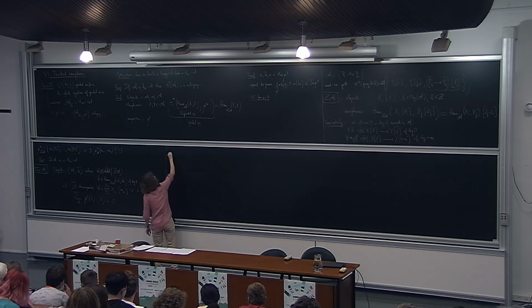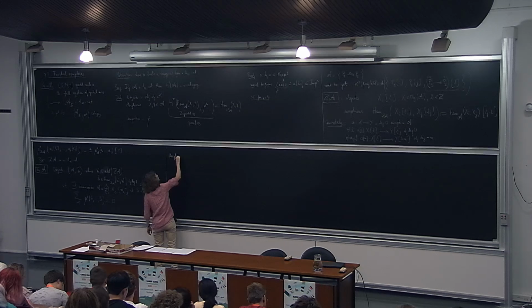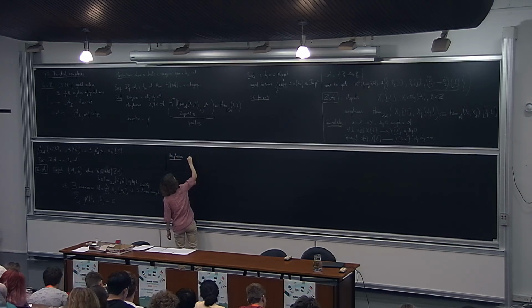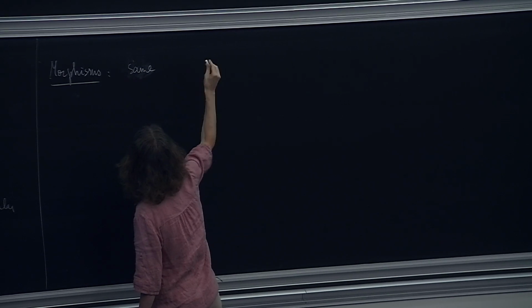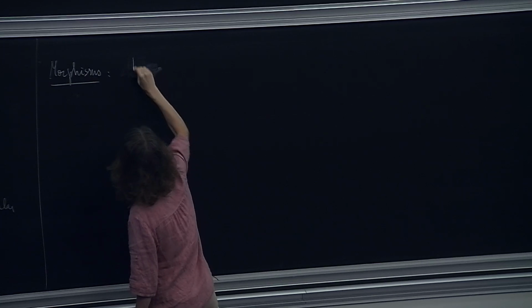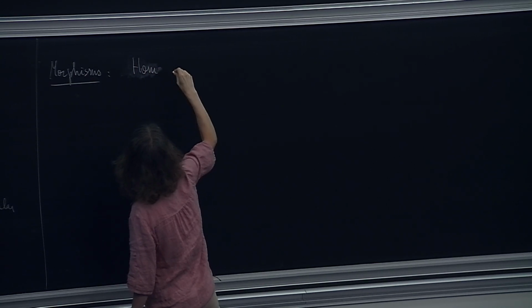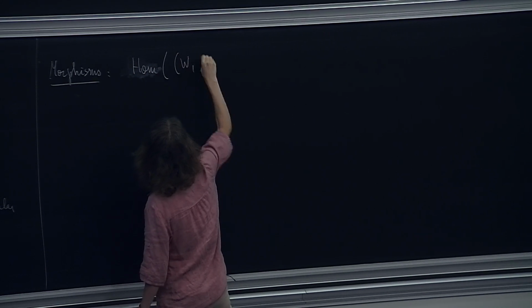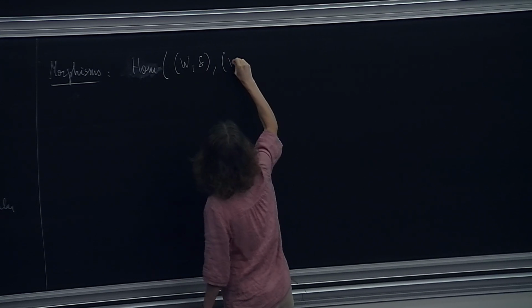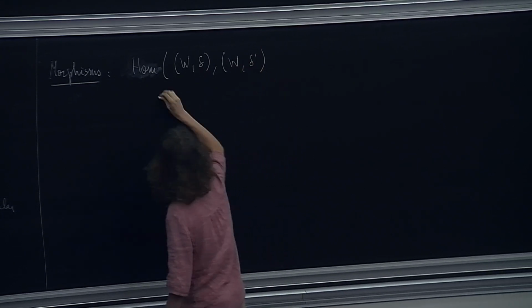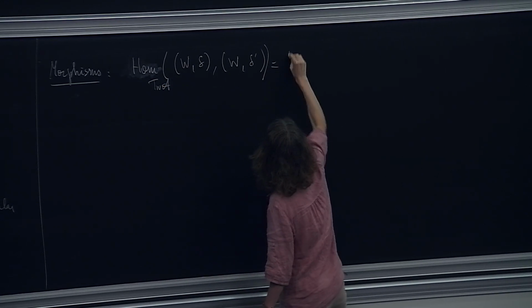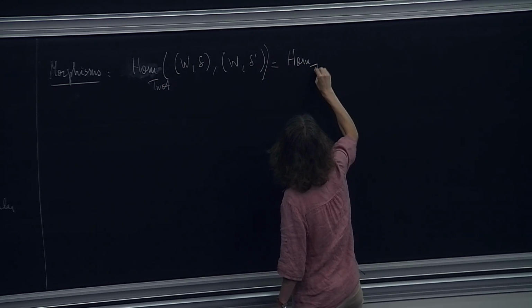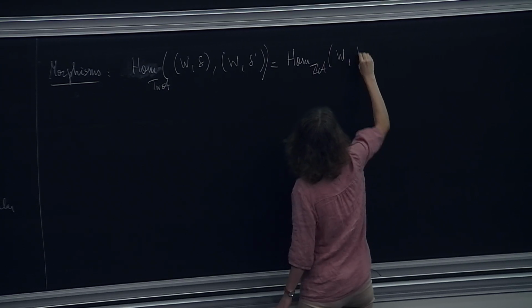And the morphisms are not so scary because they are the same. The morphisms between W delta and W delta prime in twist A are just given as the morphisms in ZA between W and W prime.